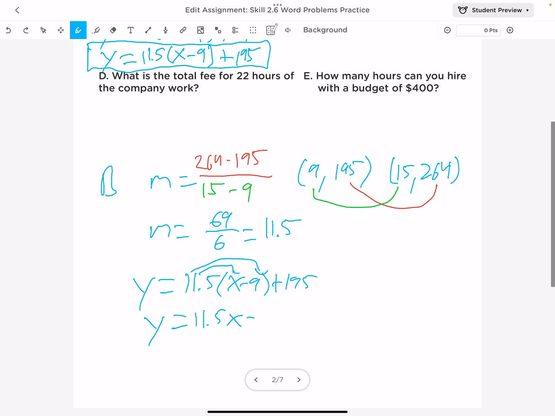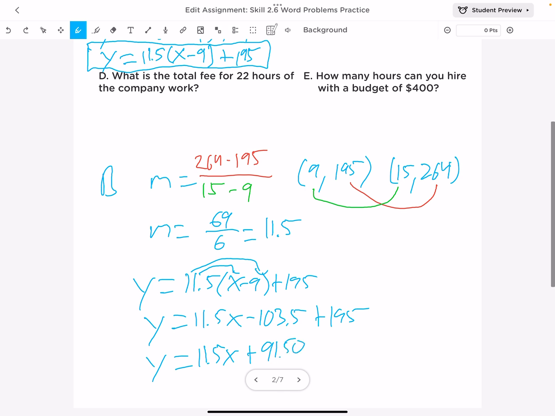You would just do negative 9 times 11.5, and I'm quickly doing it on my calculator here. 11.5 times 9, and that's negative 103.5 plus 195. And so then when I just do negative 103.5 plus 195, I get $91.50. So this is 11.5x plus $91.50.